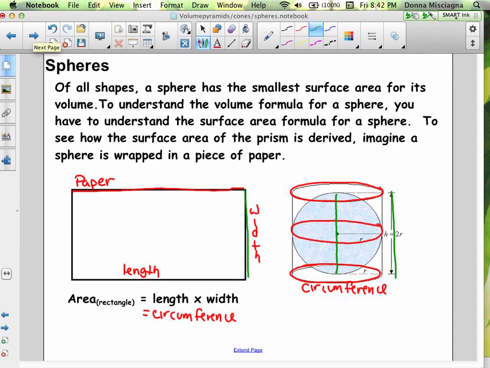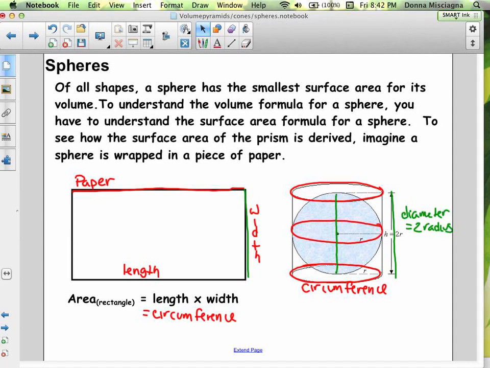So this green line here is the diameter. And what's another way I could represent diameter? Well, diameter is the same as 2 times the radius. So let's replace the width in my equation with 2 times the radius.